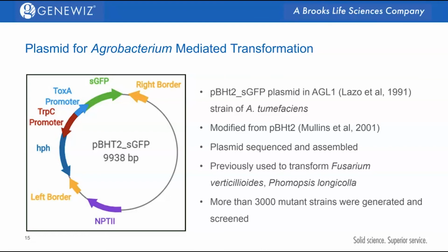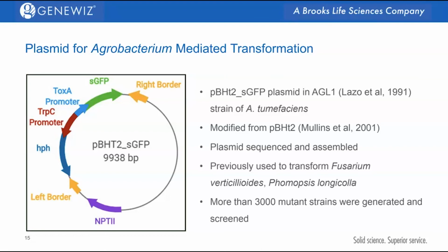This pBHT2S-GFP is modified from pBHT2, originally used by Mullins et al. I have also sequenced and assembled the plasmid, so I know the sequence of the plasmid. And we had routinely used this plasmid to transform Fusarium verticillioides and Phomopsis longicolla in the lab.